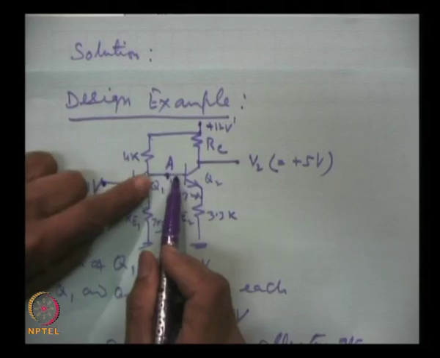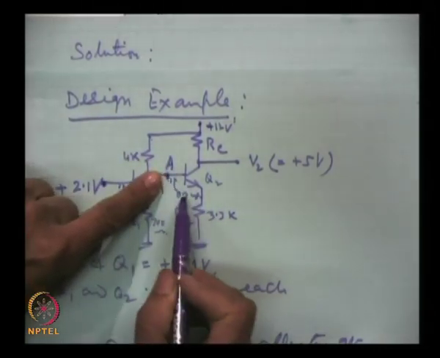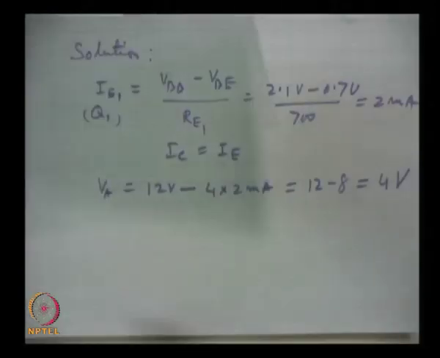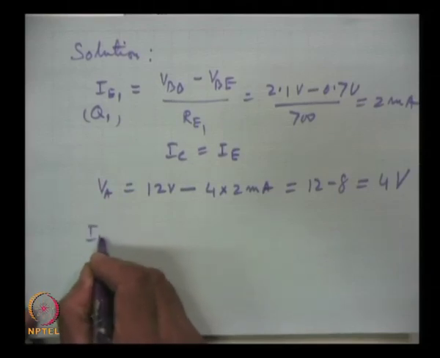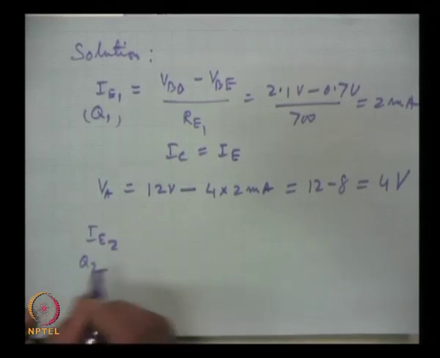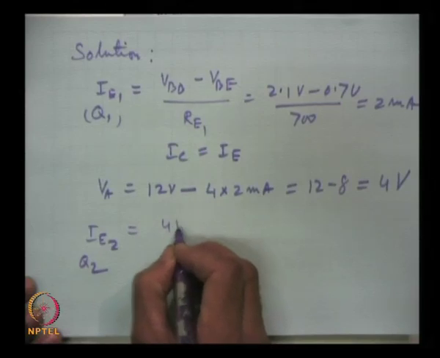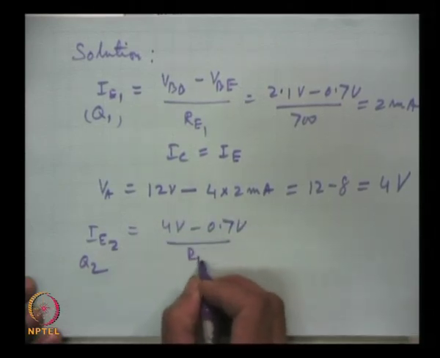4 volts, now we proceed in the same way here. Out of 4 volts, 0.7 volt drops across this junction, which I write the IE2, this is for Q2, this will be equal to 4 volts minus 0.7 volts divided by RE.